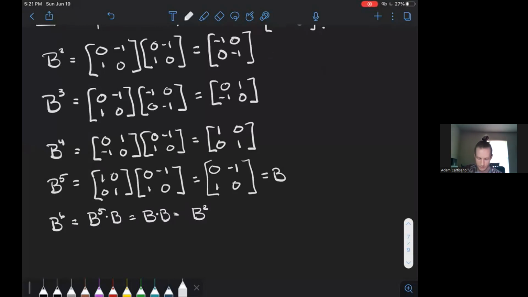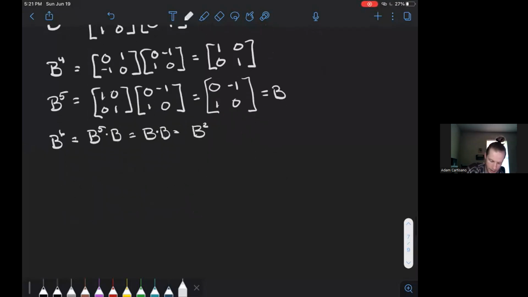So in other words, b to the n is b to the remainder of n divided by 4.